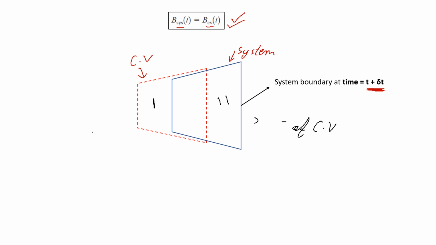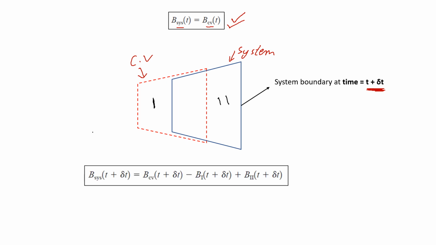So now let's see what our equation will look like when we write it for time t plus delta t. The extensive property of the system at time t plus delta t will be equal to the extensive property of the control volume at time t plus delta t minus B1, and you can ignore this minus sign for a little while, I will come back to it. This is the extensive property of the fluid going into the system, and this is the extensive property of the fluid going out of the system.